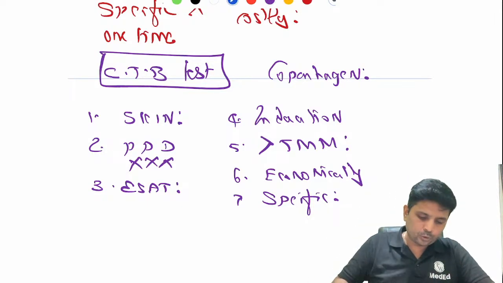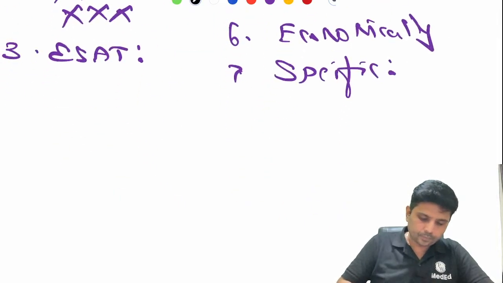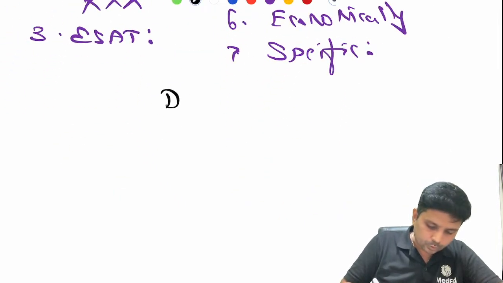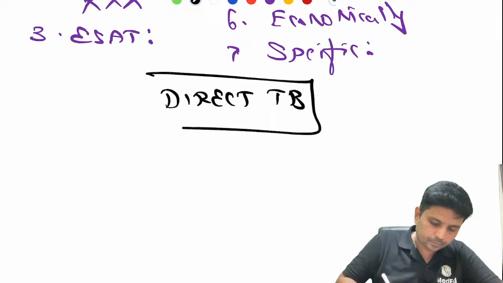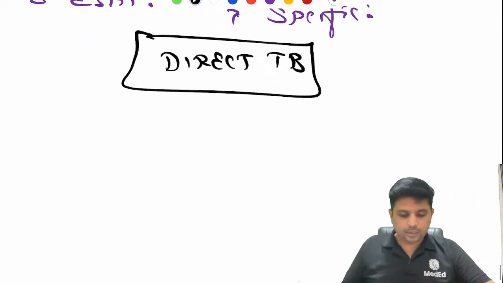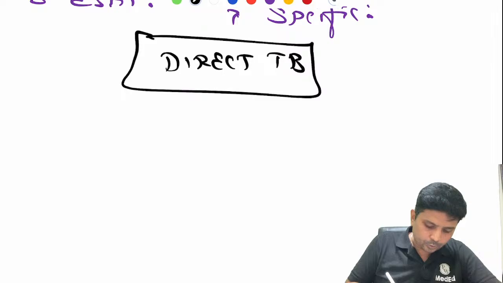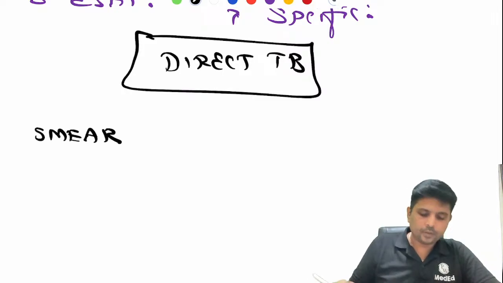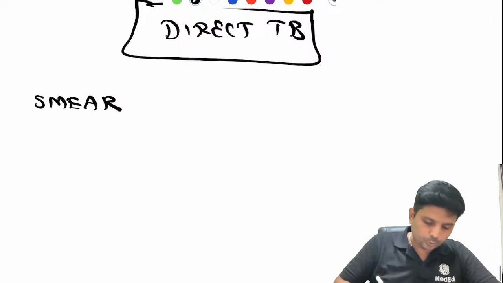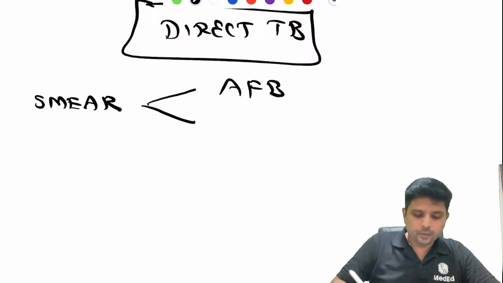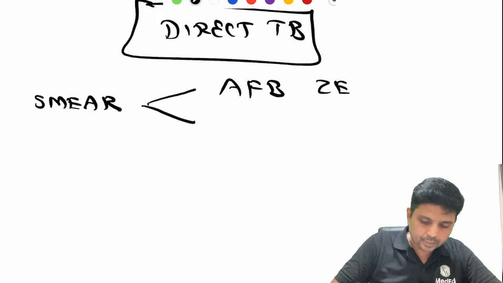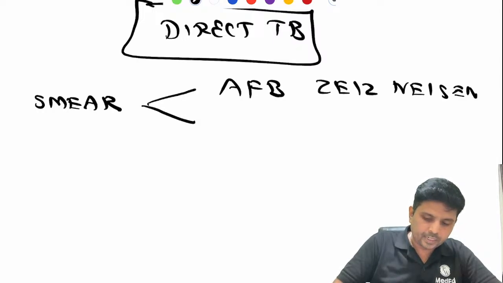Now let's go to the direct tests. Direct TB tests. So what are all the tests? One uses smear. So what are all the tests that use smear? One is you look for AFB smear using the Ziehl-Neelsen technique.